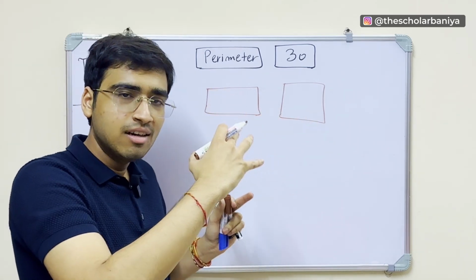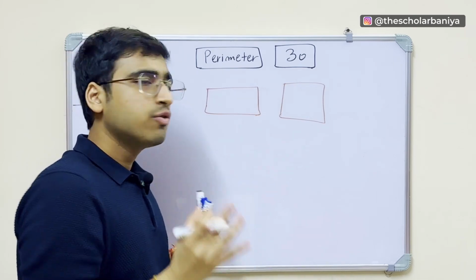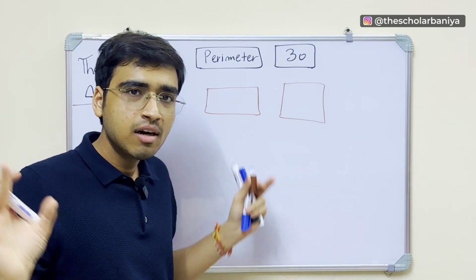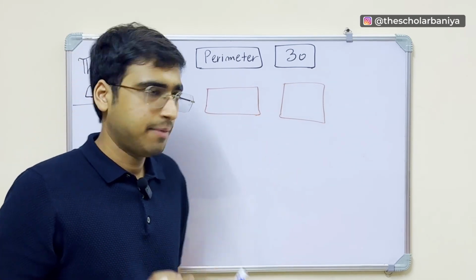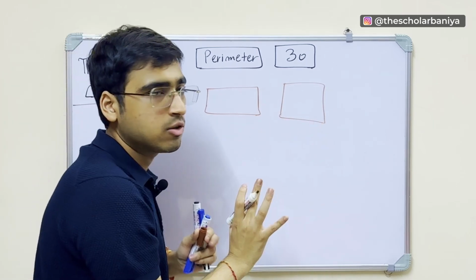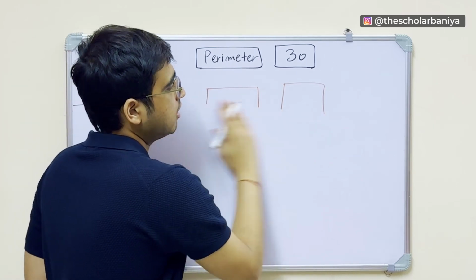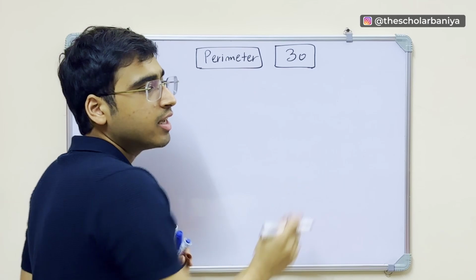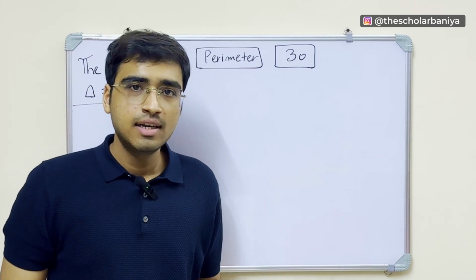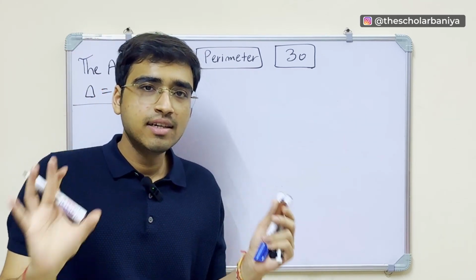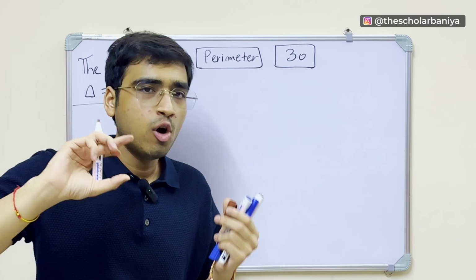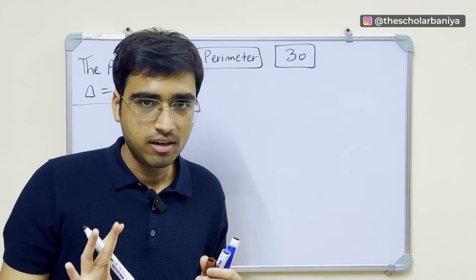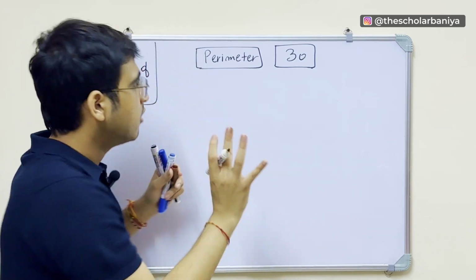I mean, a square is a subset of a rectangle. So whenever we have to find the maximum area, we always do it in the form of a square, if we have rectangle and square as two options. Similarly, whenever we have a triangle, if we want to maximize the area of a triangle, we will always consider an equilateral triangle. I hope this should be fine.